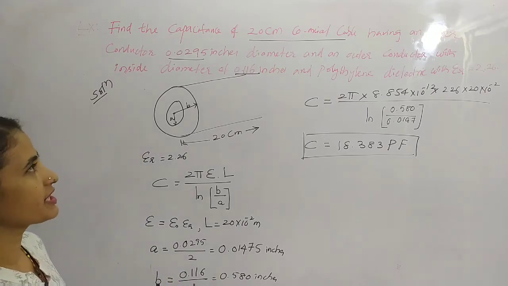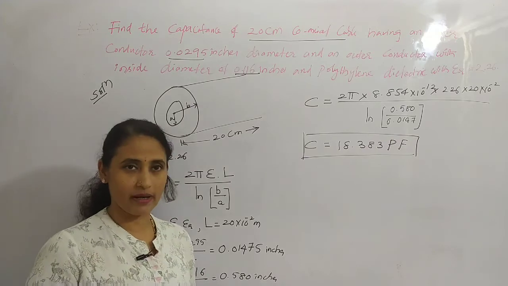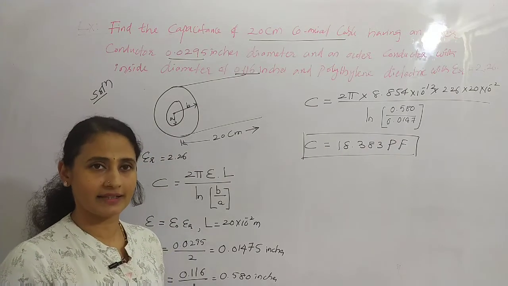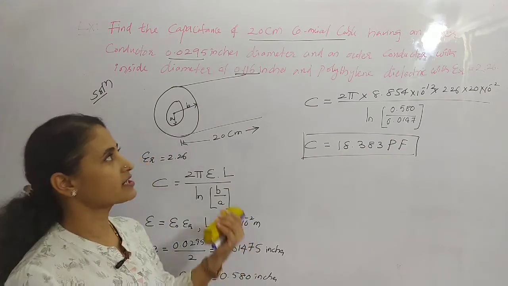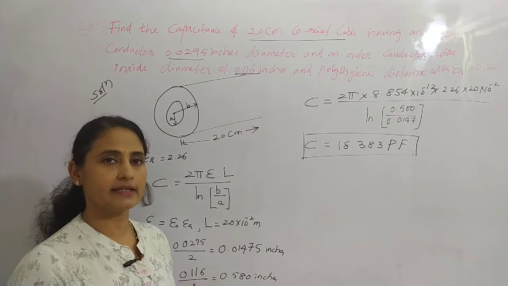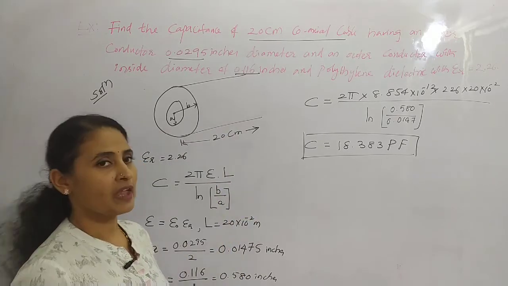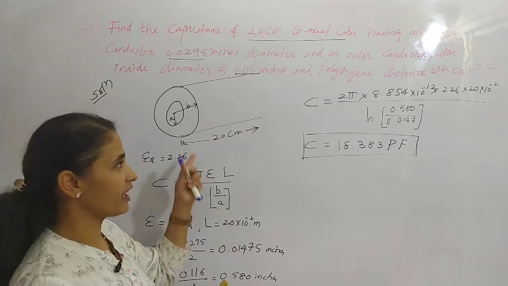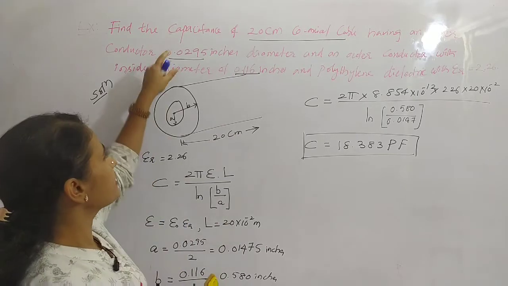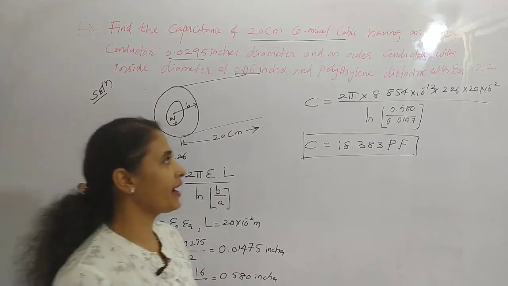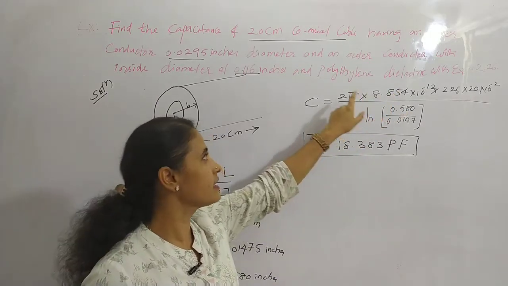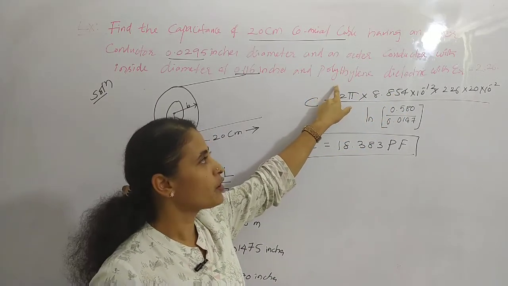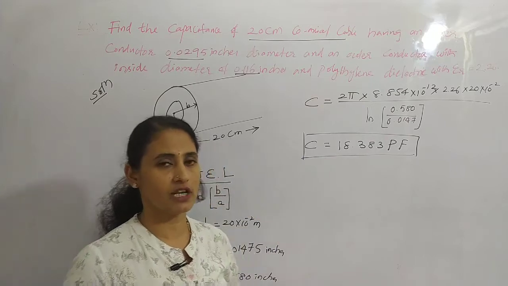So what is the question? There is a coaxial cable, with an inner conductor of one diameter and an outer conductor of a different diameter, and both are separated by one dielectric medium, the polythene dielectric medium, whose dielectric constant is also given.